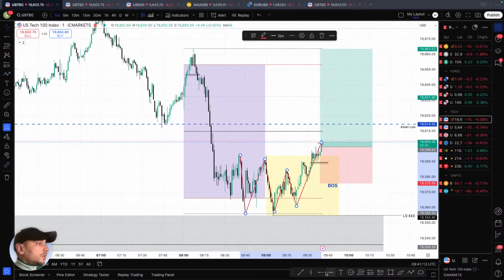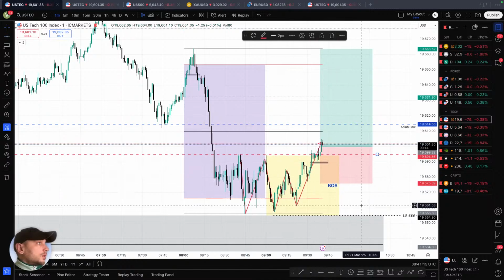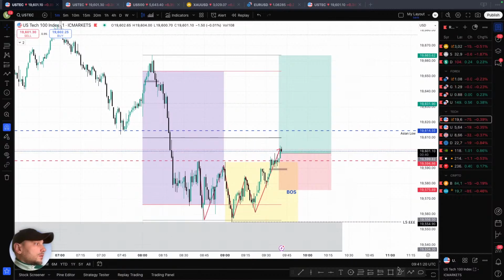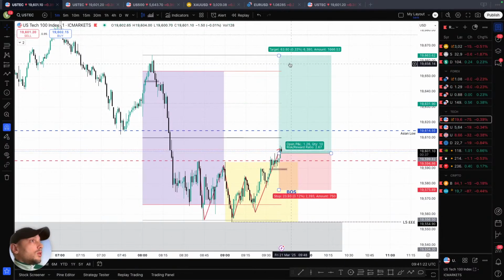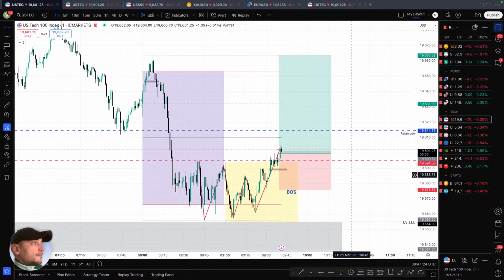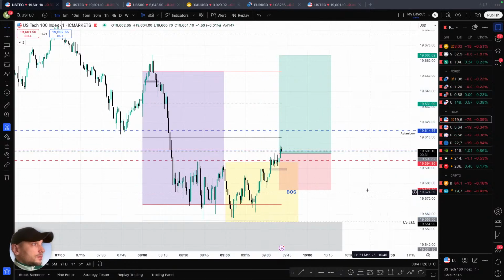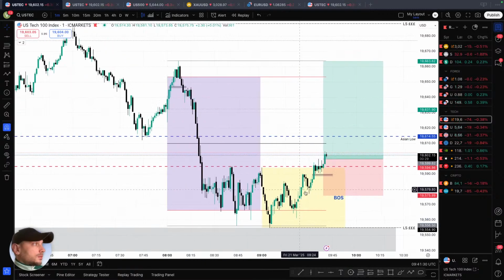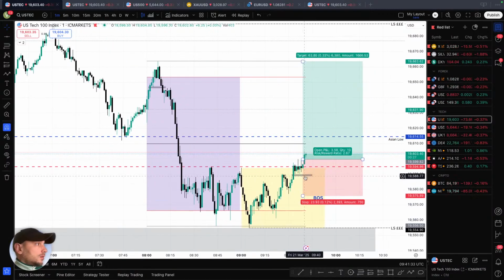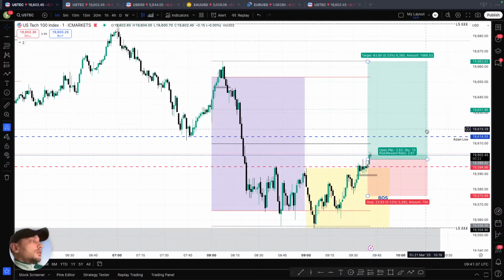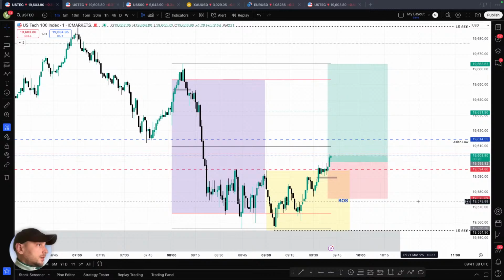We close above all these highs here. So that means the price wants to go higher. Let's see if this plays out. I like this impulse candle. We want to see another one. Retrace and going higher.